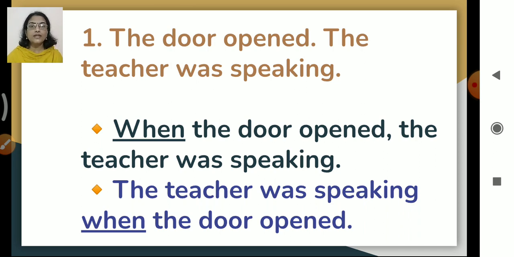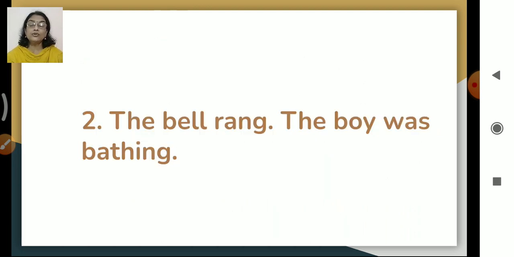The sequence of the sentences was as it is, only we removed the full stop, added comma. And in the second sentence, we took the second sentence first, and first we made into second one. And we did this by joining when. The teacher was speaking when the door opened. Followed, children?